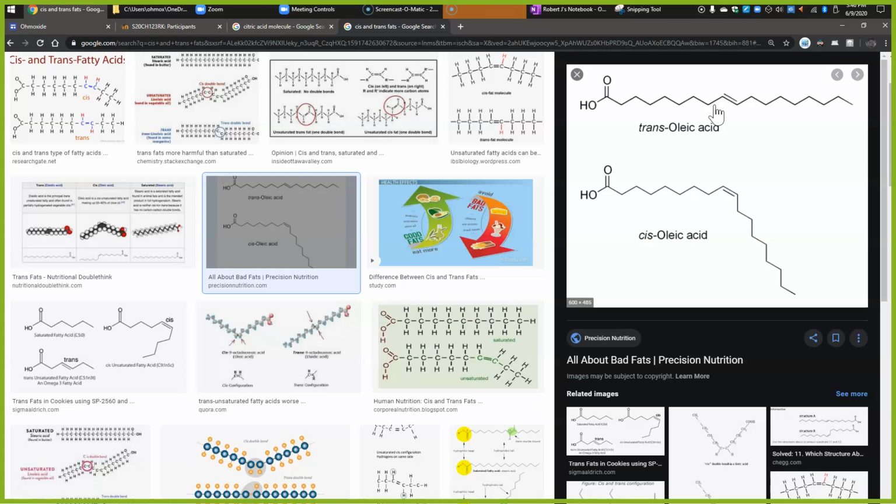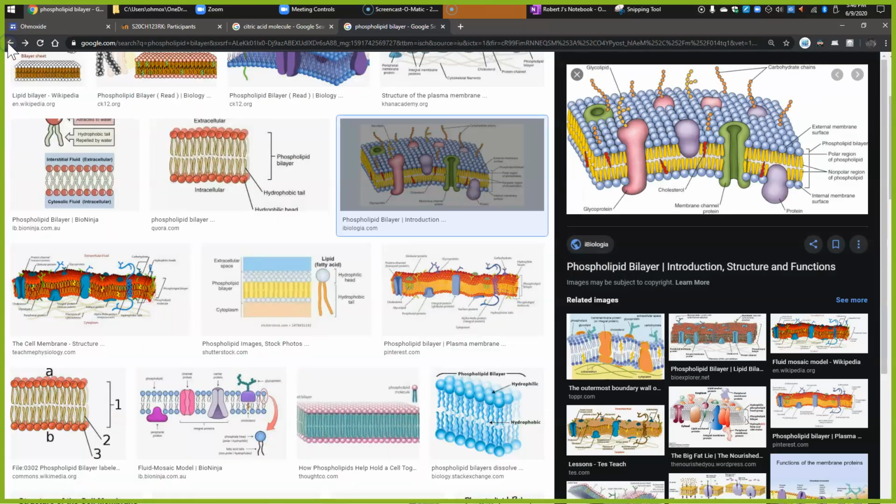Do you think you're actually using it for energy? No, you're not. What are you doing with it? You're making cell membranes. You're building cells out of it.